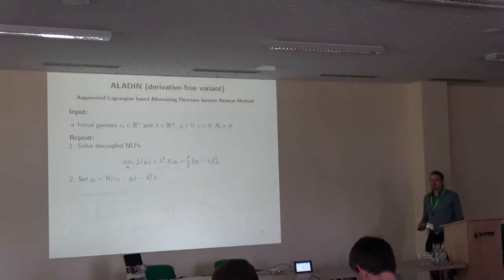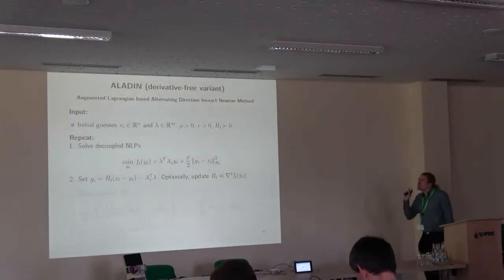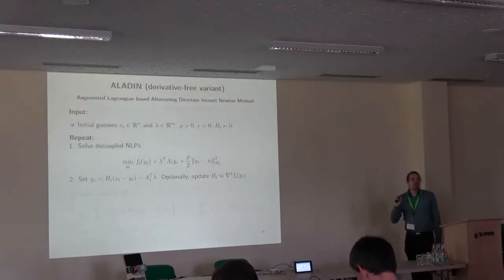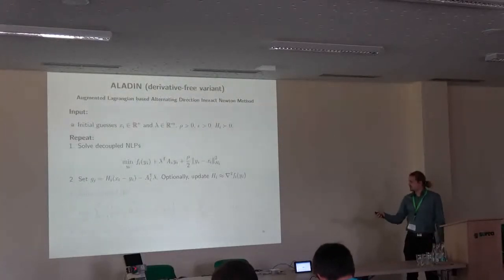The next step is actually optional. We can optionally update this matrix hi, which plays somehow the role of a Hessian matrix approximation. I would like to point out that at no point do we assume that these functions fi are differentiable. If they are non-differentiable, then we can, of course, not compute the second order derivative of the fi. But this step is really optional.